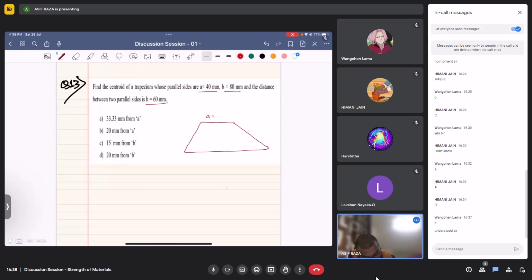This is A equal to 40 mm, B equal to 80 mm, and the distance is h equal to 60 mm.